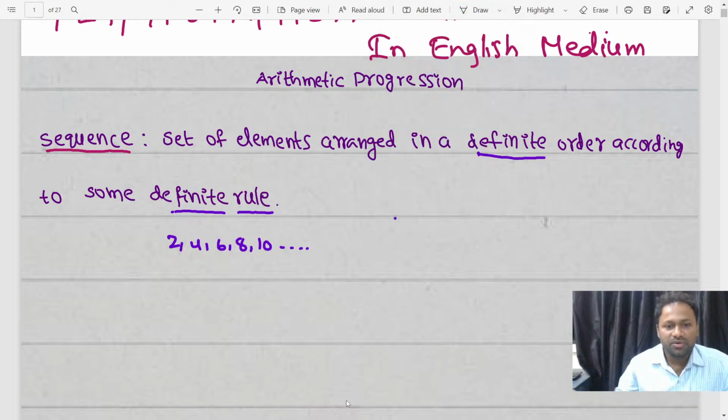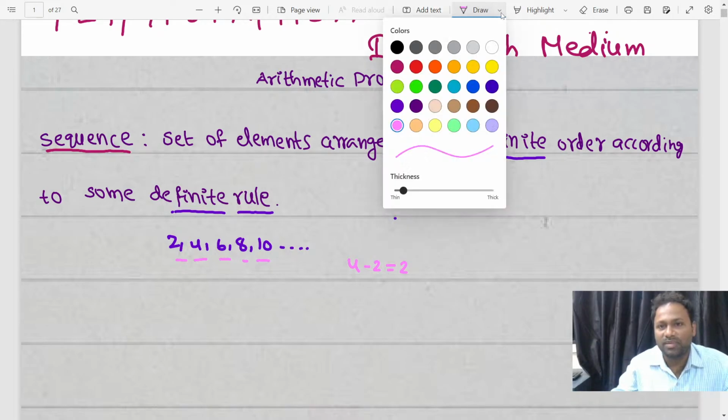What is the meaning of this? A particular order is there, which is a common difference. The common difference is 2. We have taken 4 minus 2 is equal to 2.